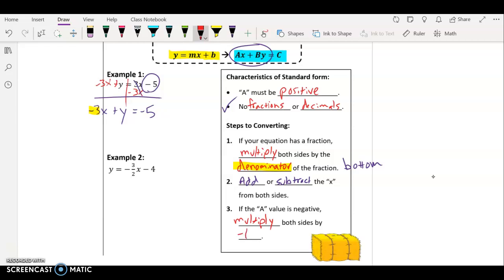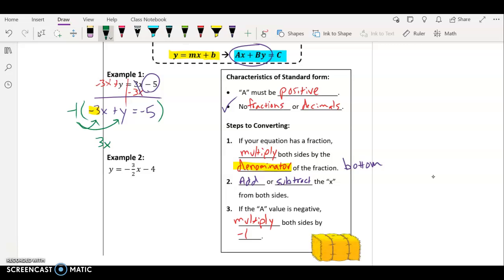Because by multiplying by 1, it doesn't change the number, but it will change the sign. So let's look at what that looks like. We're going to multiply both sides by negative 1. I just do the whole equation in parentheses. That makes it a little bit easier. So negative 1 times negative 3x is positive 3x.